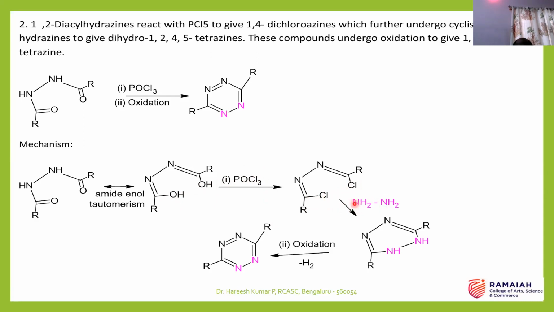The lone pair can react with this carbon, and this Cl will go out. That is how the product is obtained like this. And from here, removal of hydrogen, that means dehydrogenation. The obtained compound is called 1, 2, 4, 5 tetrazine.